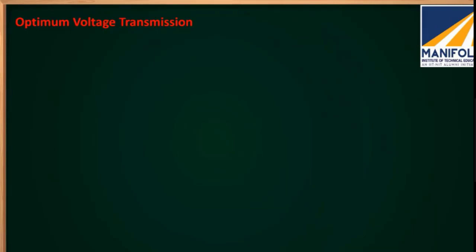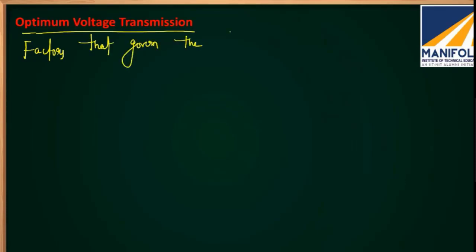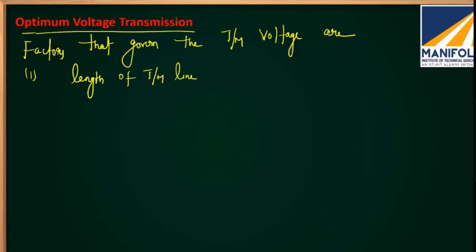Factors that govern the transmission voltage are, the first is the length of transmission line, actual word is the distance over which power is to be transmitted.